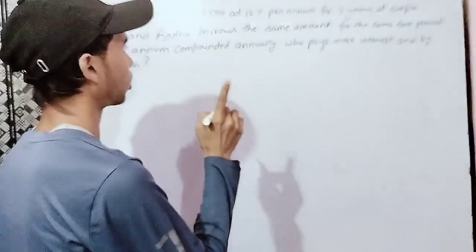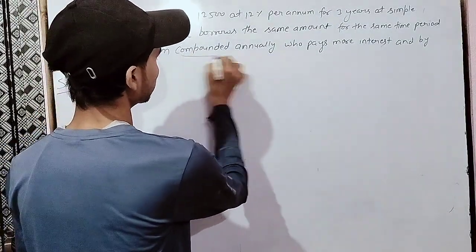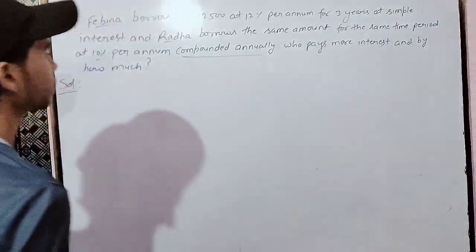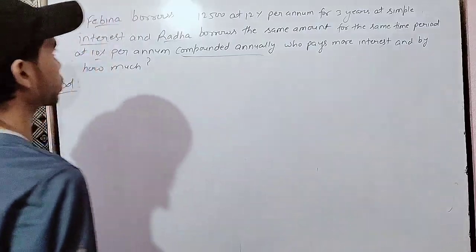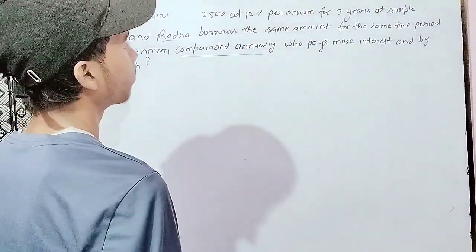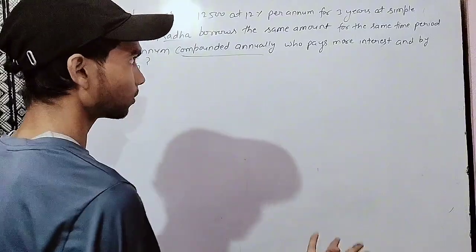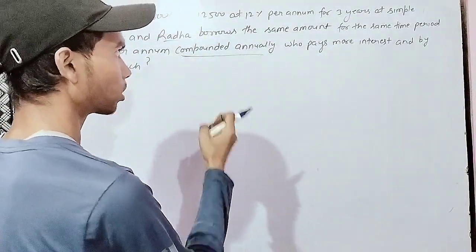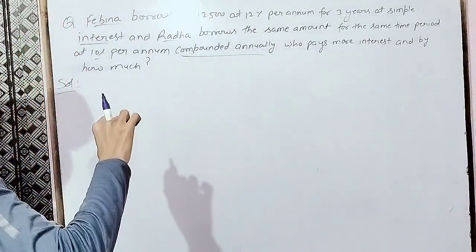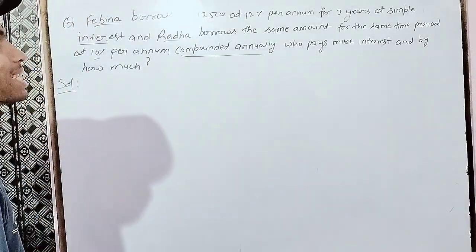Now you can observe that for this girl, it is saying compounded annually, and for this girl, it is saying simple interest, not compound annually. Who pays more interest by how much? Here we are going to observe interest. In the final step, we need to observe whose interest is more.